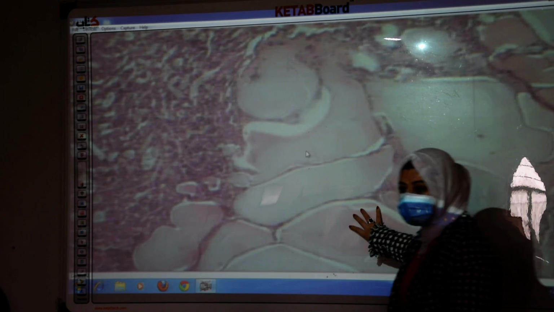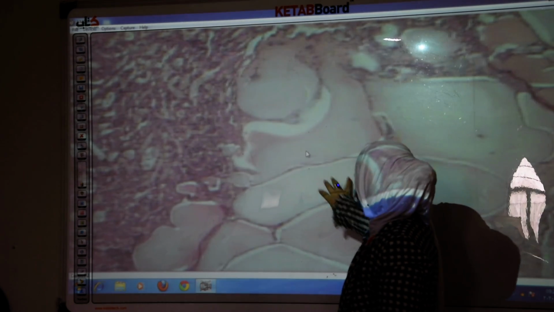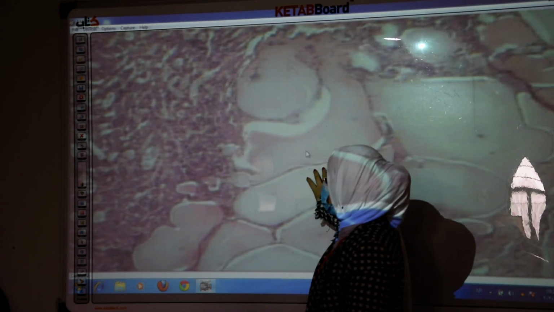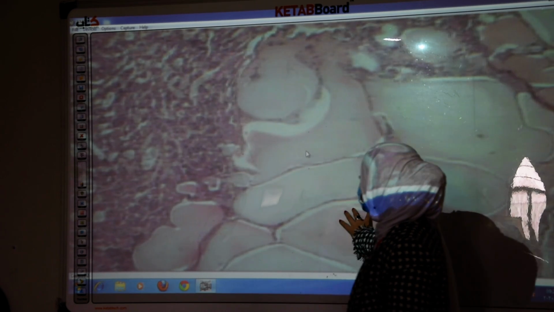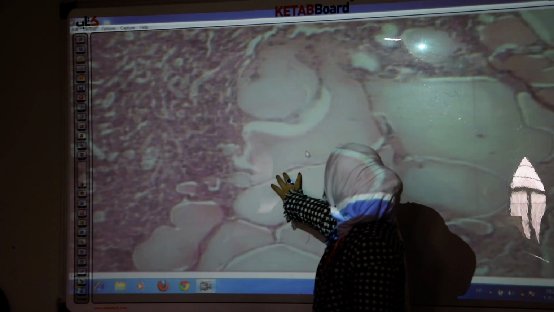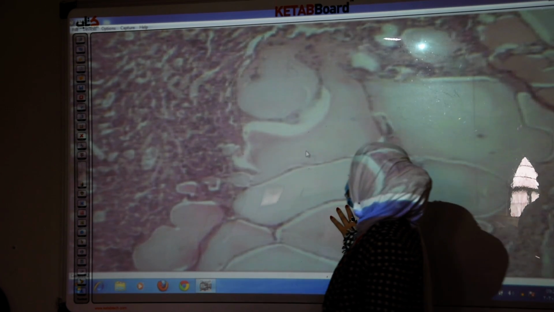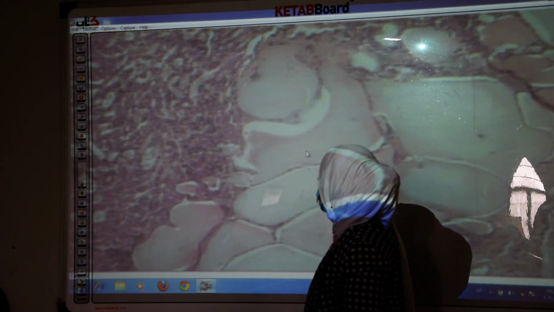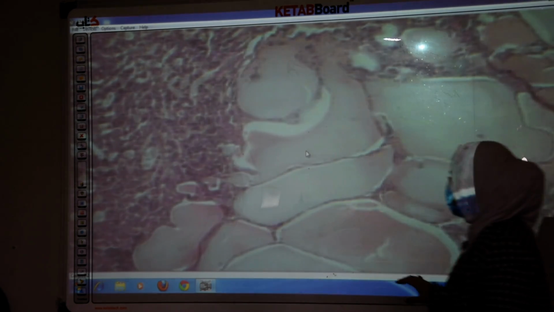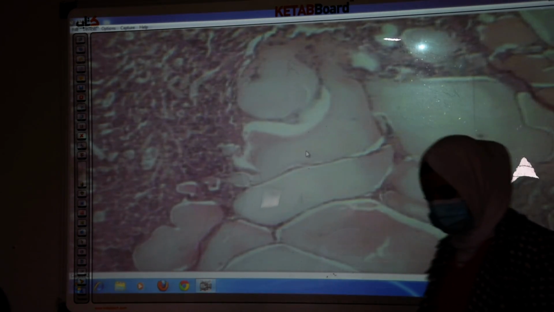Pars intermedia is represented by colloid cysts, originating from Rathke's cyst, lined by simple cuboidal epithelium, containing basophil cells and loose connective tissue.